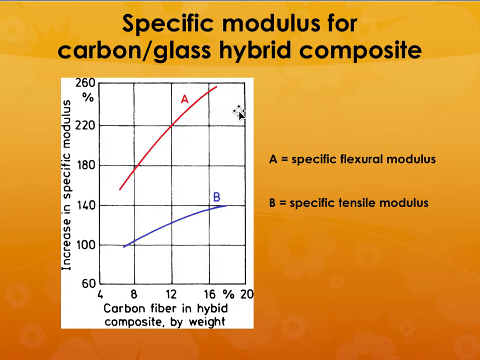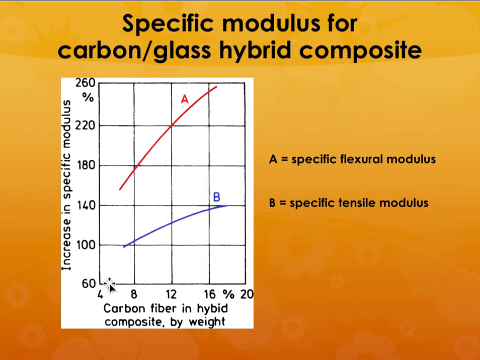Specific modulus is the modulus divided by the density. That tells you how good the properties are with regard to the weight of the component, so you can look at both. A is for flexural modulus and B is for tensile modulus.